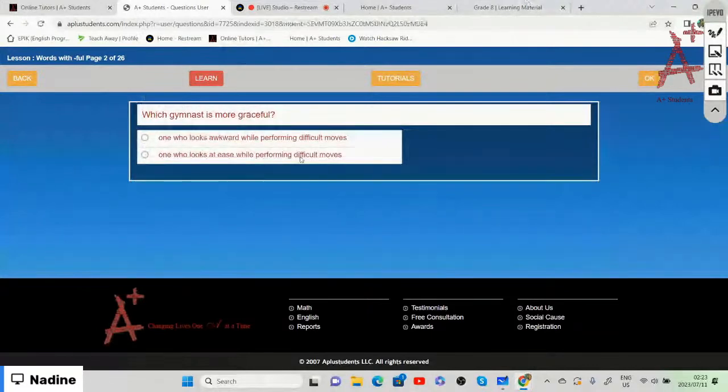Which gymnast is more graceful? A gymnast that is graceful. Is it one who looks awkward while performing difficult moves, or one who looks at ease while performing difficult moves?